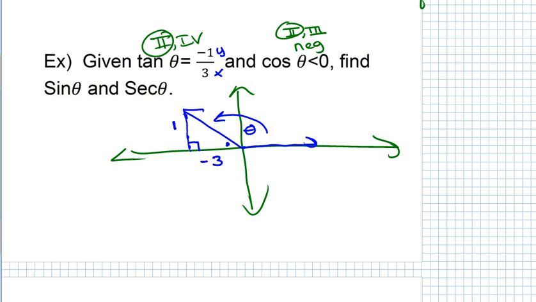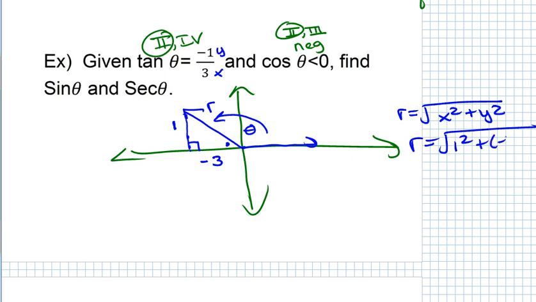And x is negative on this side, so that's why it's a negative 3 and not a negative 1, because the y value is positive in the second quadrant. So now you need to find r. And remember, r is the square root of x squared plus y squared. So r is equal to the square root of 1 squared plus negative 3 squared. So it's equal to the square root of 1 plus 9, which is the square root of 10.